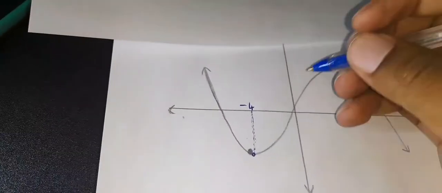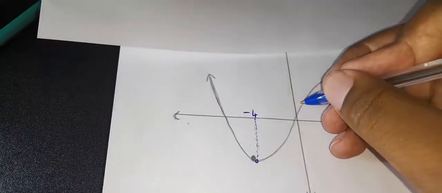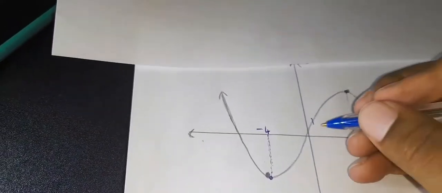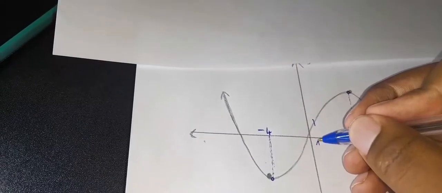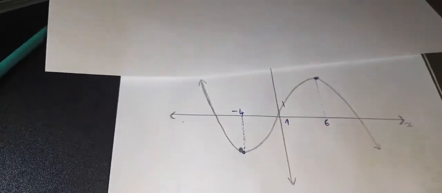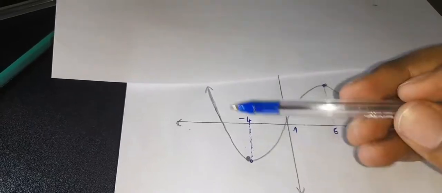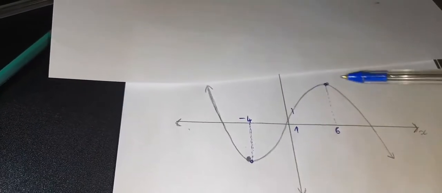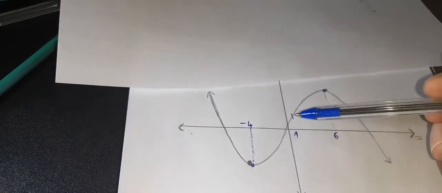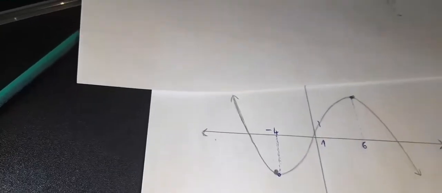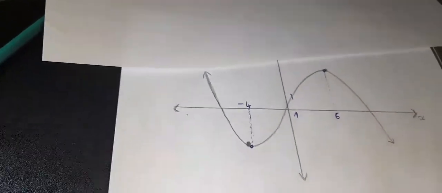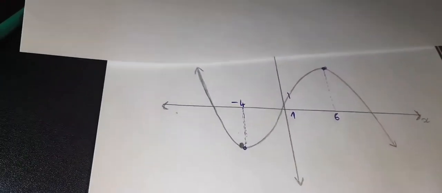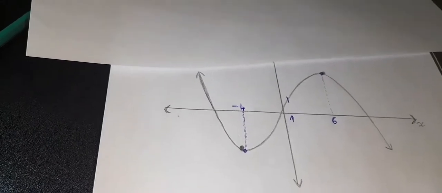So I think 1 is around here. So let me write 1 here, which is the point of inflection. It changes from being concave up to concave down. So this is the point where this all occurs. So how do we use the point of inflection to answer questions?